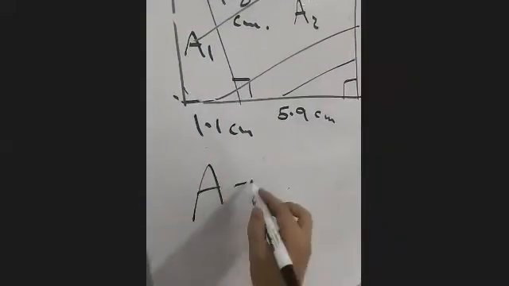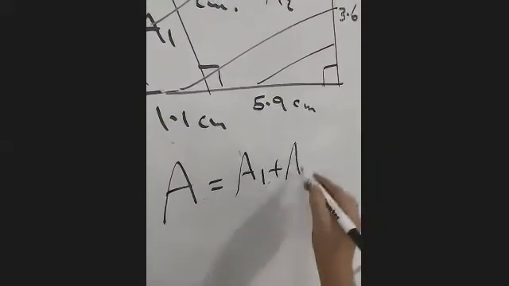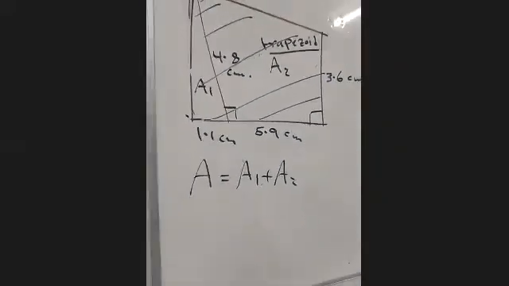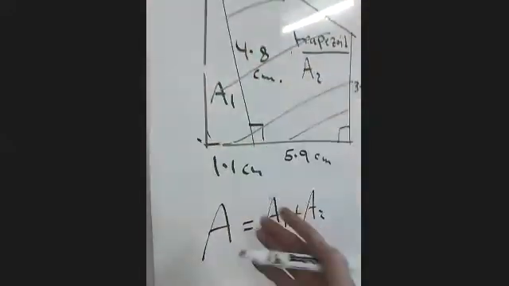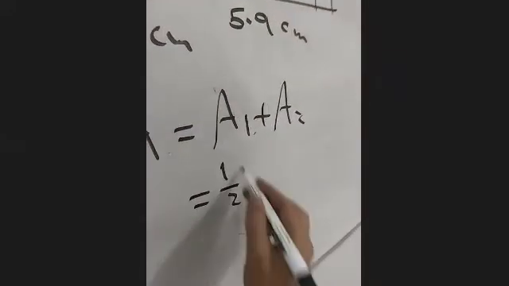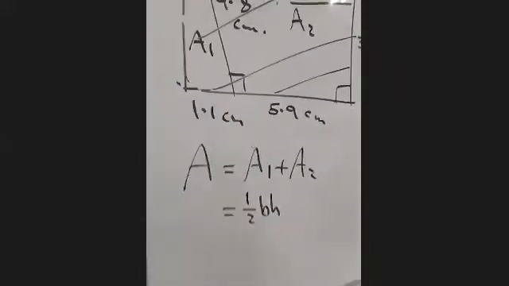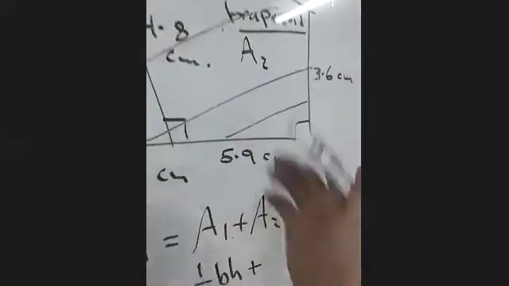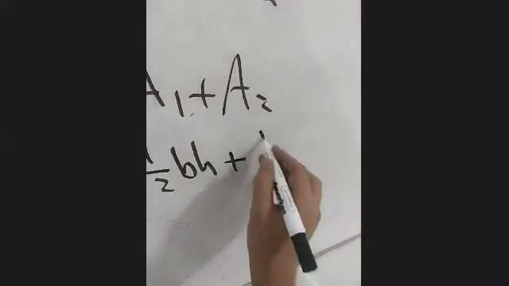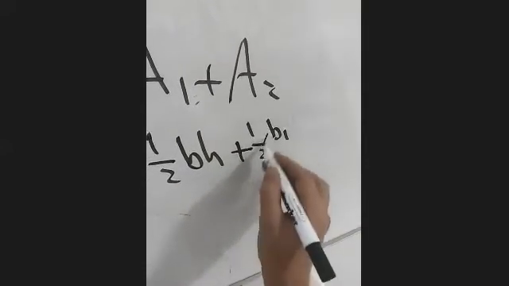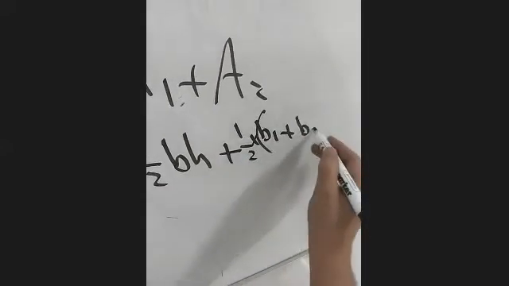Big A is A1 plus A2, right? Now A1 is a triangle, equals half BH, the formula, remember? A2 is a trapezoid. It is half multiply B1 plus B2, multiply the height H. It's for the trapezoid.